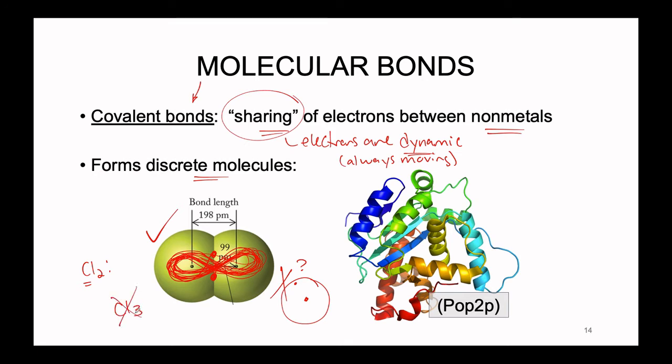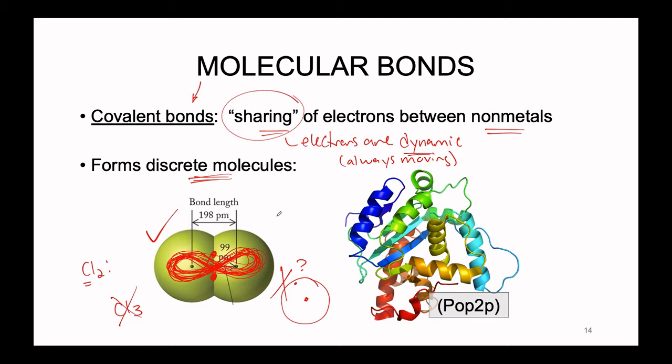Unlike ionic crystals, which can keep building so long as we have positive and negative ions, molecules can't do that. Molecules are limited by the electron configurations and how many unpaired electrons each of these species have coming together.